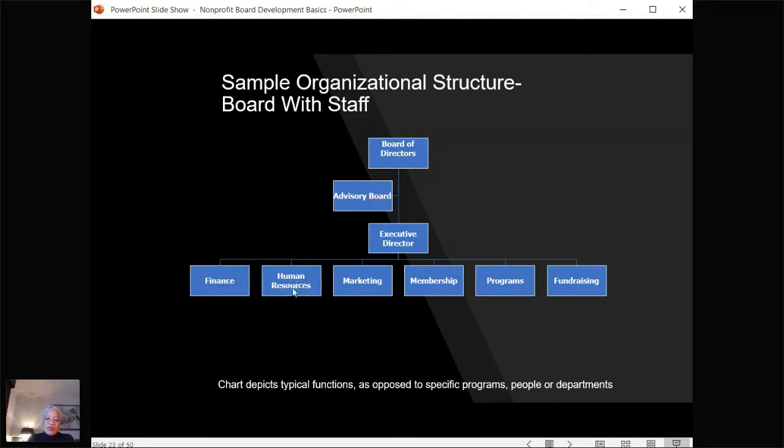There's going to be a human resources function if they have people, whether they call it that or not, or whether it falls up under another job title or not. They all do human resources. They all do marketing. They may or may not do membership. It depends on whether or not it's a membership organization. They all do some sort of programs and services. And if they want to stay around, they all do some sort of fundraising. So again, these are functions and not necessarily departments, although they could be departments depending on how large the organization is.